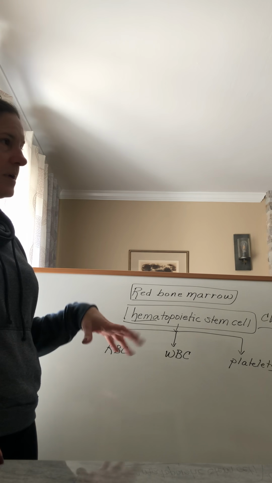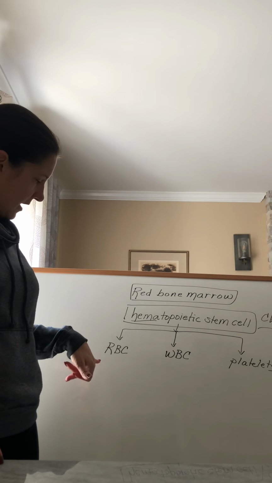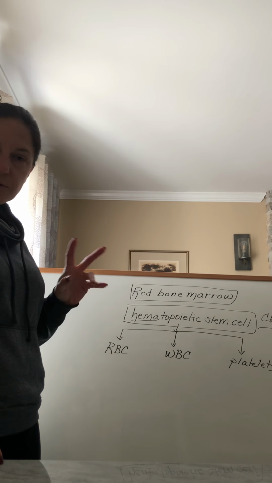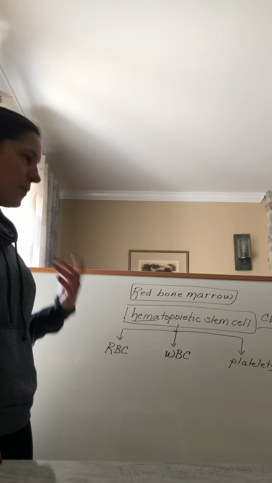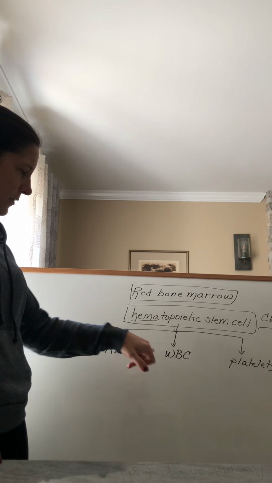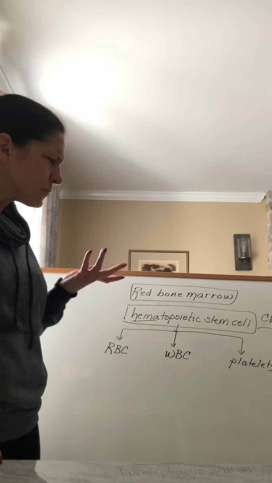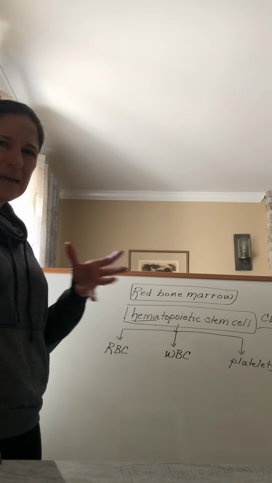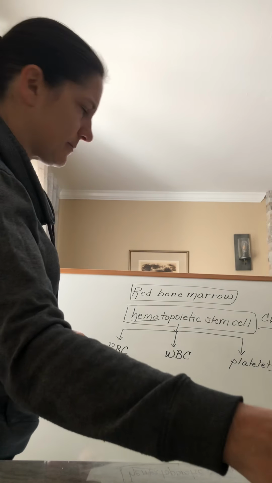So someone being treated with chemotherapy would have lower blood cell counts for red blood cells, white blood cells, and platelets. Some of these are easier to get around than others. A big problem for cancer patients doing chemotherapy is that their white blood cell count can become dangerously low, which is why it's advisable that someone on chemo should not be out at the mall. They shouldn't be in large groups because they are immunocompromised to some degree.